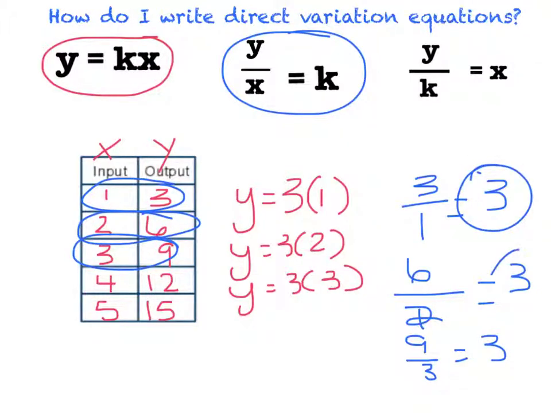So see right here what we have is that constant of variation. The 3 is the number that we're multiplying each one of these by, and by taking that ratio of y all over x, that is going to be equal to the k.